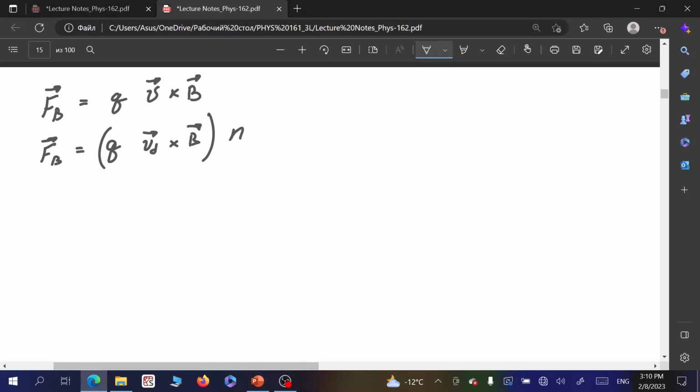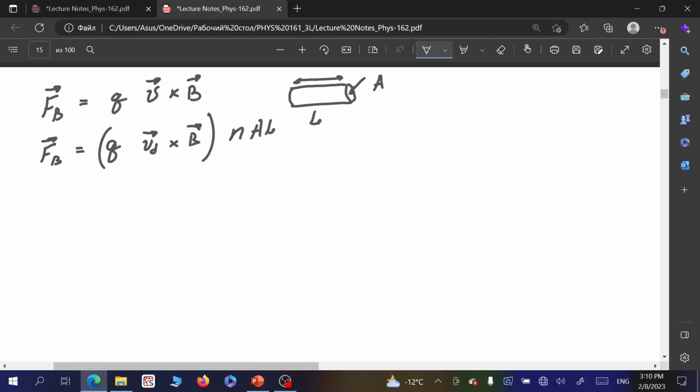So this is our conductor. The length will be L, and here will be the area of the cross section A. So here we need to multiply by the area and length of the conductor.